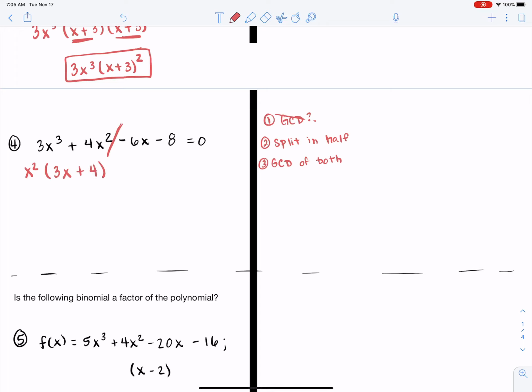Now to find the GCD of the others, remember if your lead coefficient is negative, you're always going to take out a negative number. I know that 6 and 8 are both divisible by 2. So negative 2 is my GCD. What's left over, negative 6 divided by negative 2 is a positive 3x. Negative 8 divided by negative 2 is a positive 4.